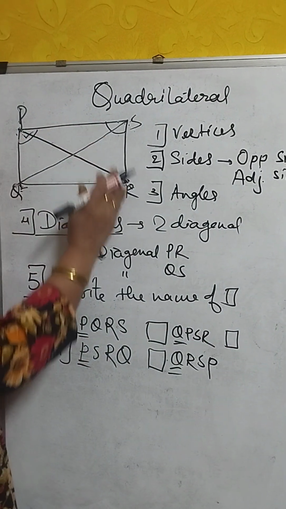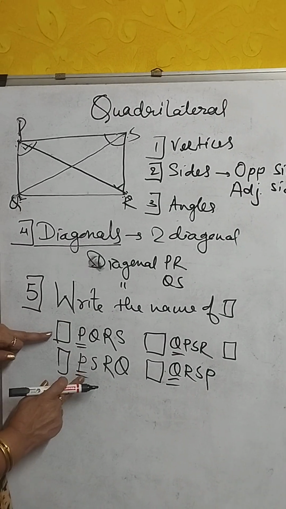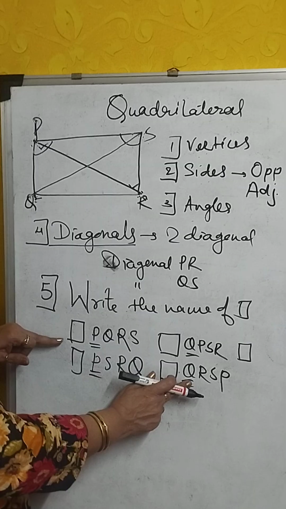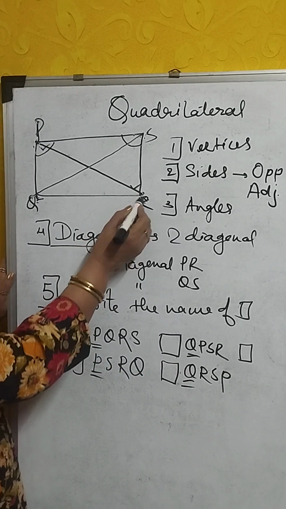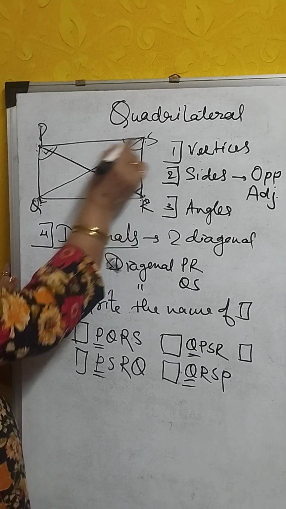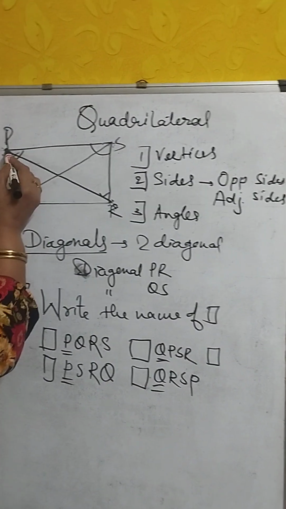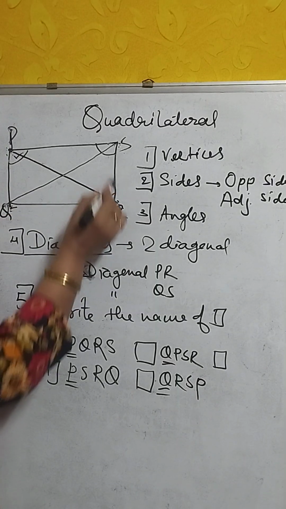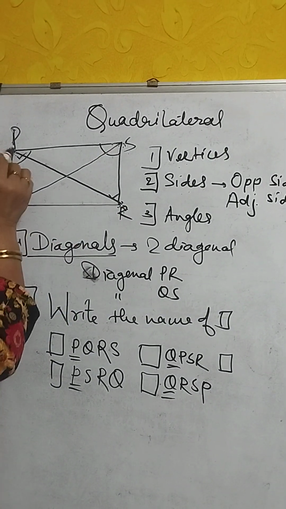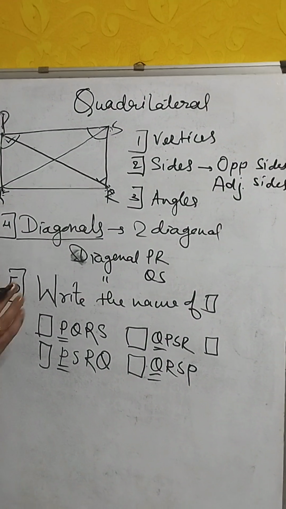You can write the name of the quadrilateral two times, using P twice, using Q twice, using R twice. RQPS, RSPQ. Now using S, SPQR, SRQP. These are the ways to write the quadrilateral.